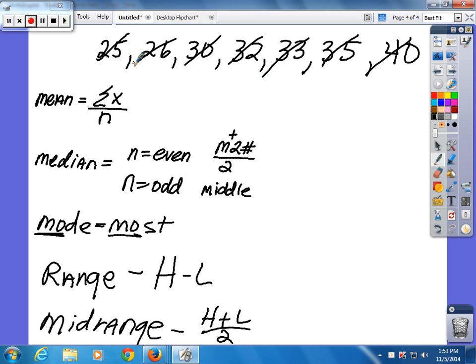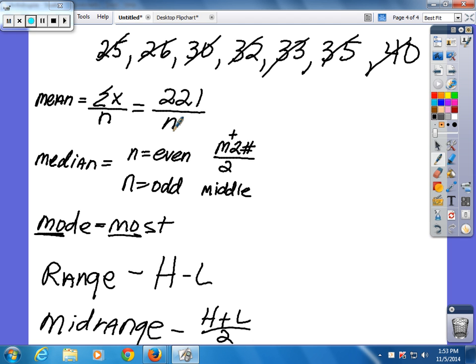What'd y'all get? 221. It's a miracle. You should be able to add those in your head. You shouldn't be able to do them quick, but you shouldn't have to use a calculator to do that, especially when 75 plus 25 is what? 100. You should be able to do that.